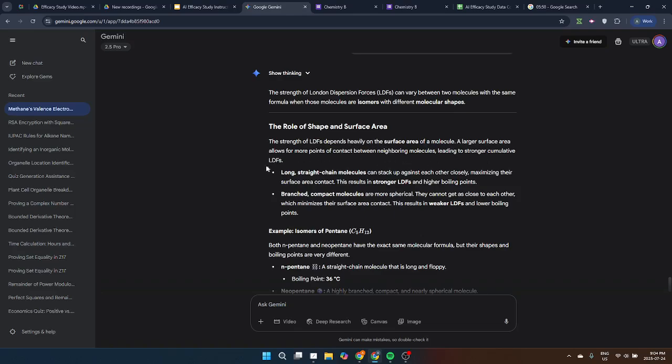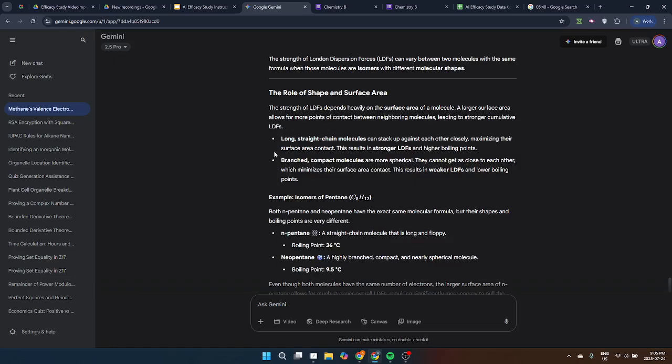This is a bit of a nuance that I'd forgotten. Branched compact molecules are more spherical. Okay. Cannot get close to each other. Is this correct? Because I feel like long straight chain molecules would have less surface area contact, and the branched ones would have more.